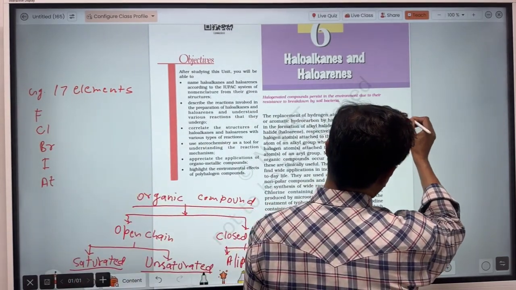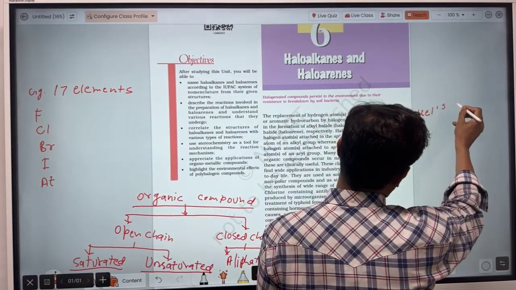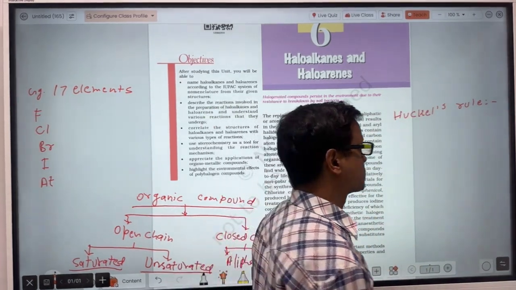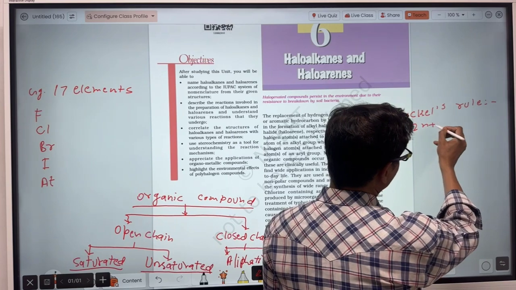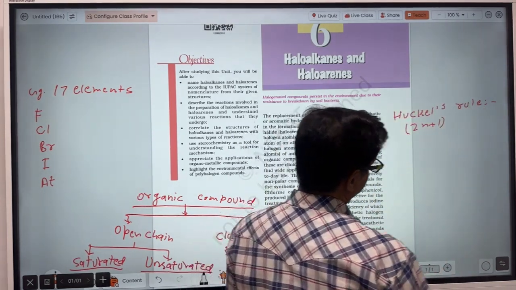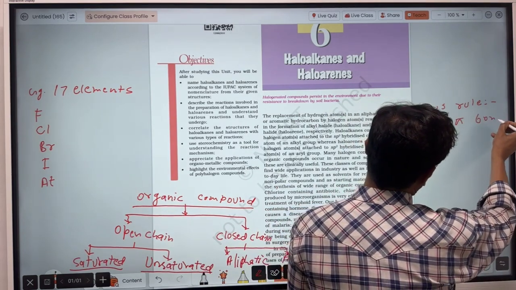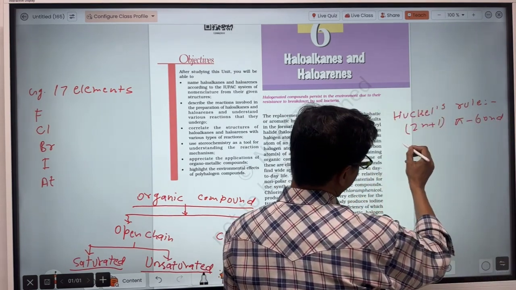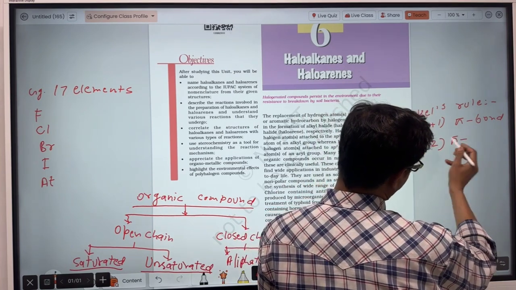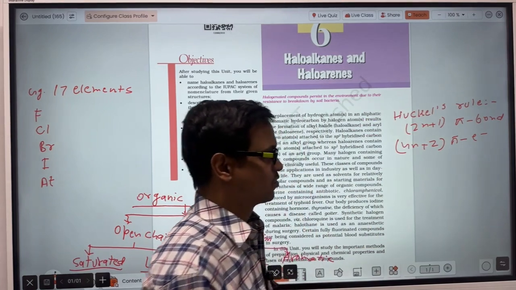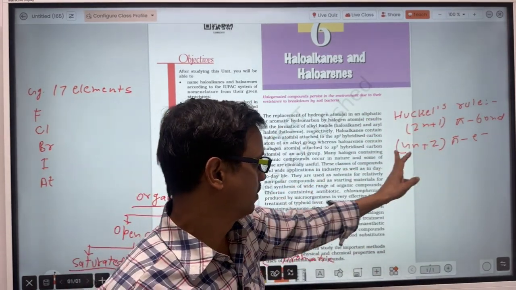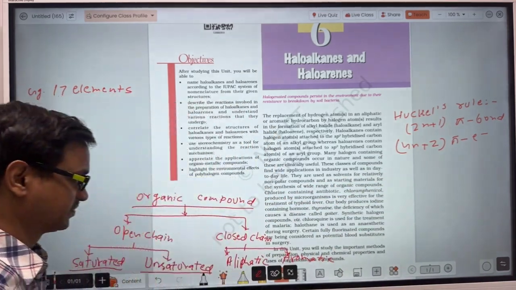The compound which follows Huckel's rule, that means the number of pi bonds will be according to 2n plus 1, or the number of pi electrons will be according to 4n plus 2. Basically in one bond there are 2 electrons, so that's why the number of pi electrons should be 4n plus 2.